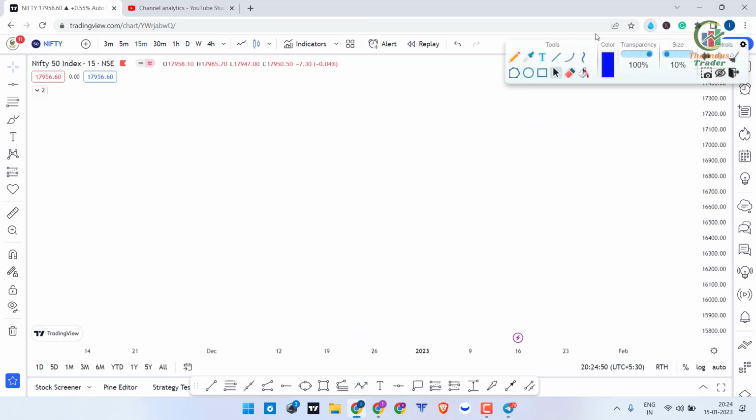Okay, so what I said, the first condition is the support or resistance should have two or more touches, and if it was support it should have become resistance, or if it was resistance it should have become support, so that we give importance to this level.